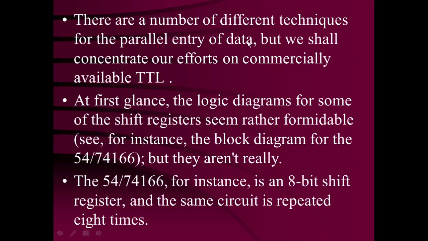There are a number of different techniques for parallel entry of the data, but we shall concentrate our efforts on commercially available TTL circuits. At first glance, the logic diagram for some of the shift registers seems rather formidable. See for instance the block diagram for a 54/74166, but they aren't really.